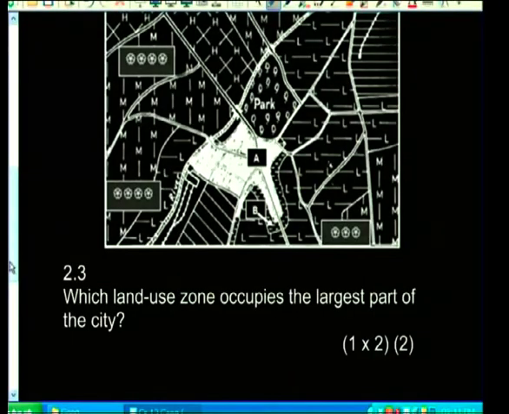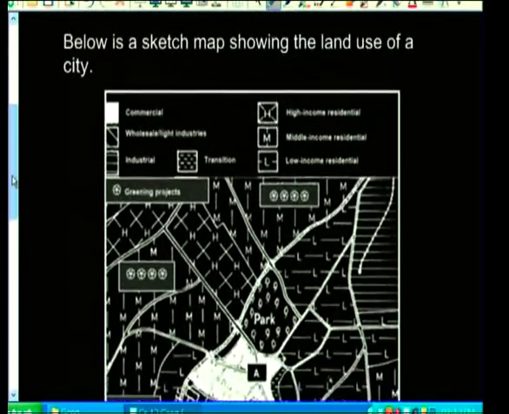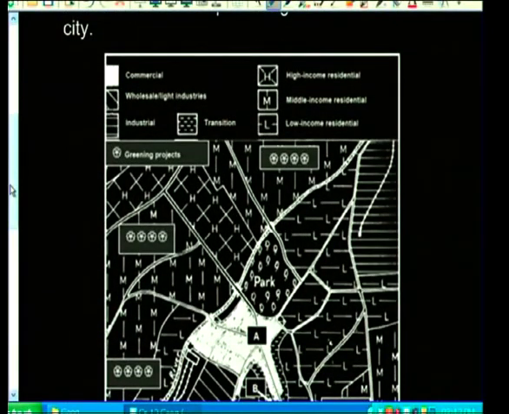Okay, and now we're going to move on to question 2.3, which is related to the same diagram that we've been working with. And the question is, which land use zone occupies the largest part of the city? If you are unsure as to what land use zones are, it is the functions that are taking up specific parts of the land within our city and urban environments.